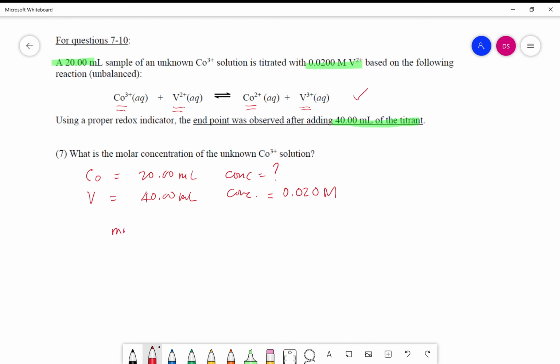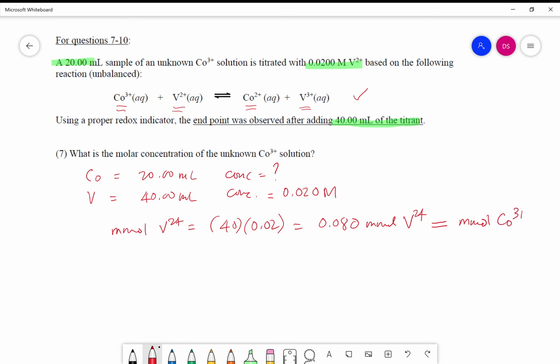So millimole vanadium 2 plus equals 40 times 0.02, 0.08 millimole vanadium 2 plus, which is exactly the same as millimole cobalt 3 plus, because we have 1:1 mole ratio.